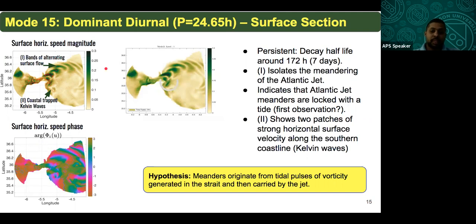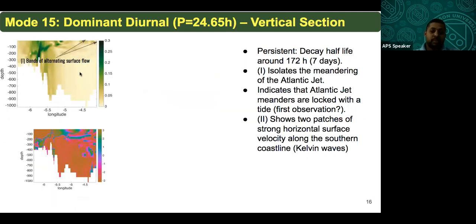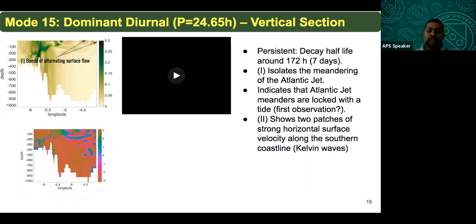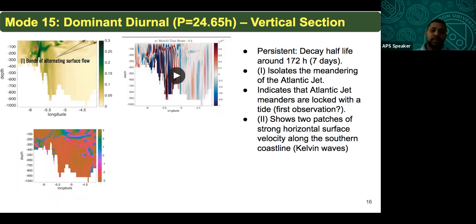We can further clarify that when we look at the cross section, we can see those bands are very narrow here. It does not go deep down. So that tells us there is a meandering mode.